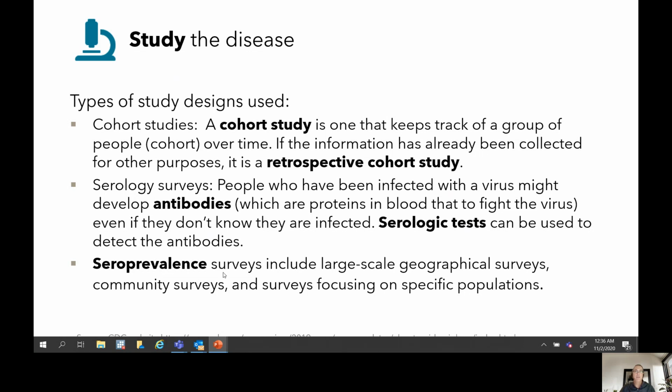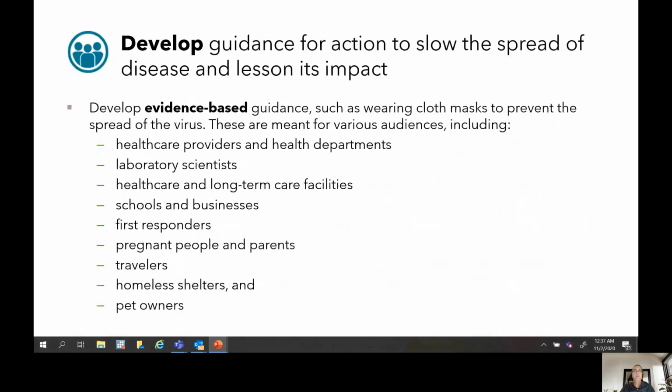CDC also conducts seroprevalence surveys, including large-scale geographical surveys, community surveys, and surveys focusing on more specific populations at high risk as well. And then there are even other studies like case control studies. There's a whole array which we don't really have time to go through, but I'm happy to give you more information about that if you're interested.